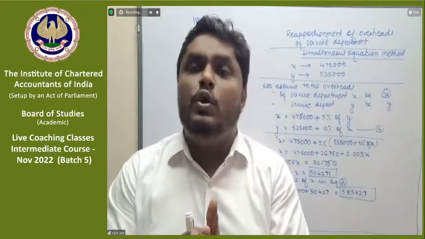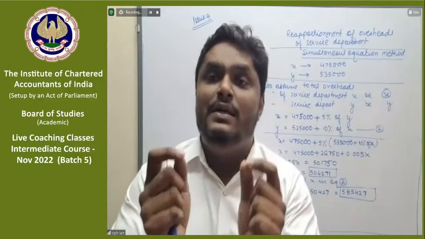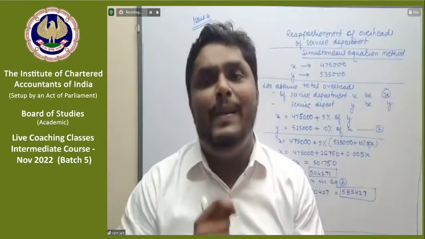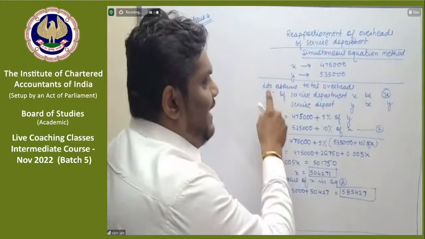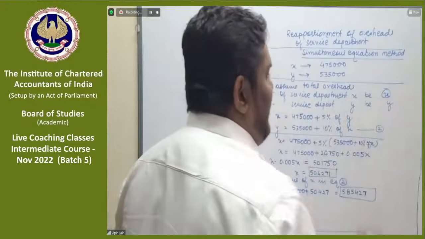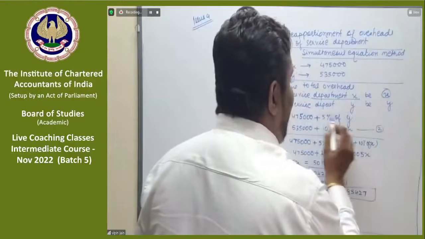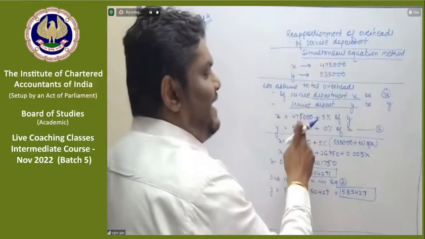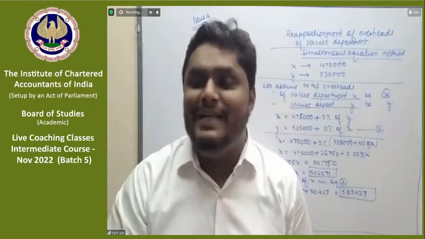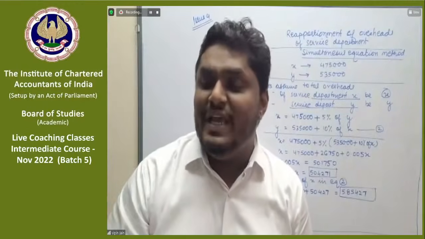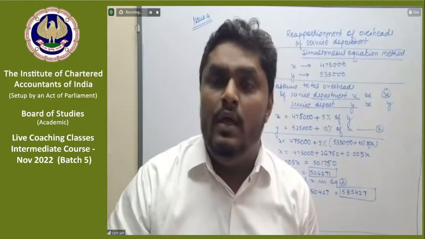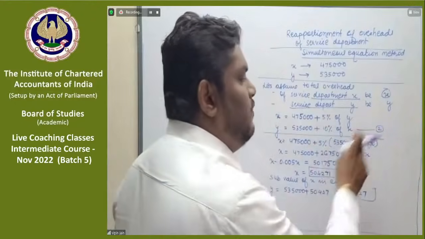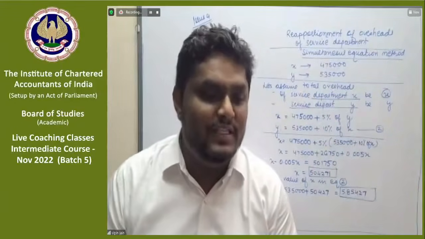Now this is not the total overheads of x and y. A certain percentage of x belongs to y and a certain percentage of y belongs to x. So let's assume that the total overheads of service department x is x and of service department y is y. So x is equal to 4,75,000 plus a certain percentage of y. Now please check service department y overheads. How much is apportioned to x? 5%. So 5% of y. That's why I have taken 5% of y, Jyoti.